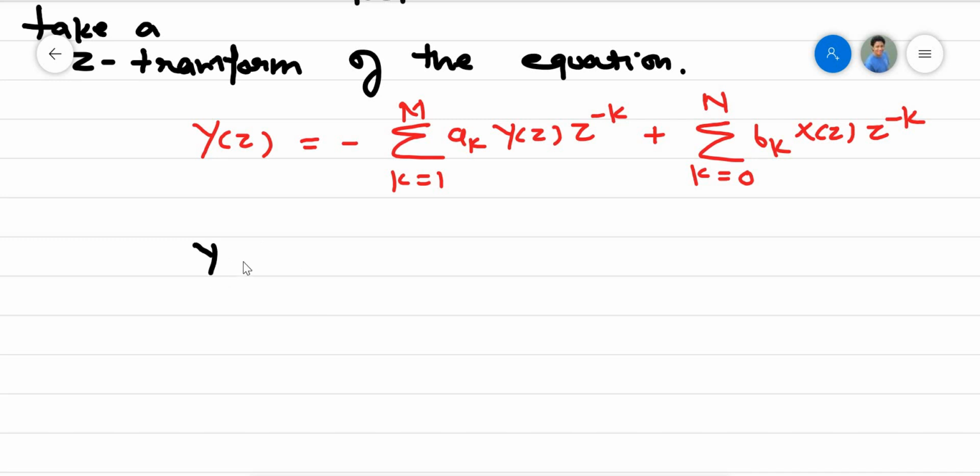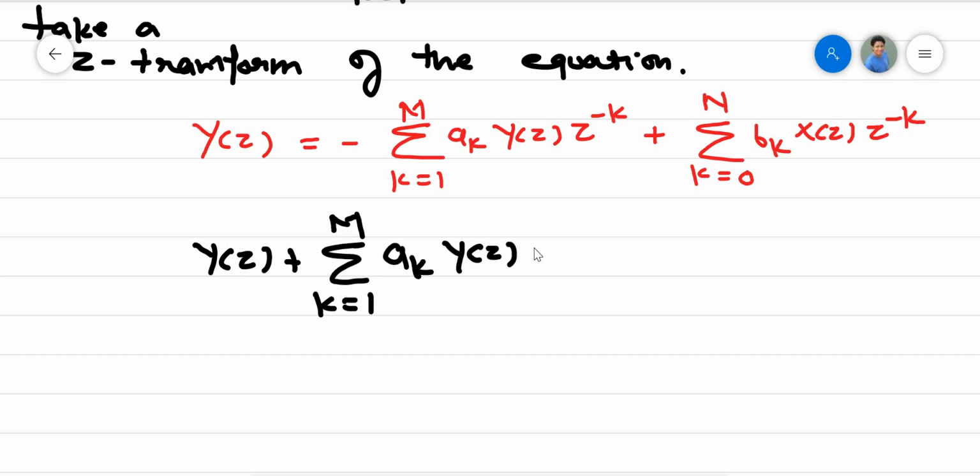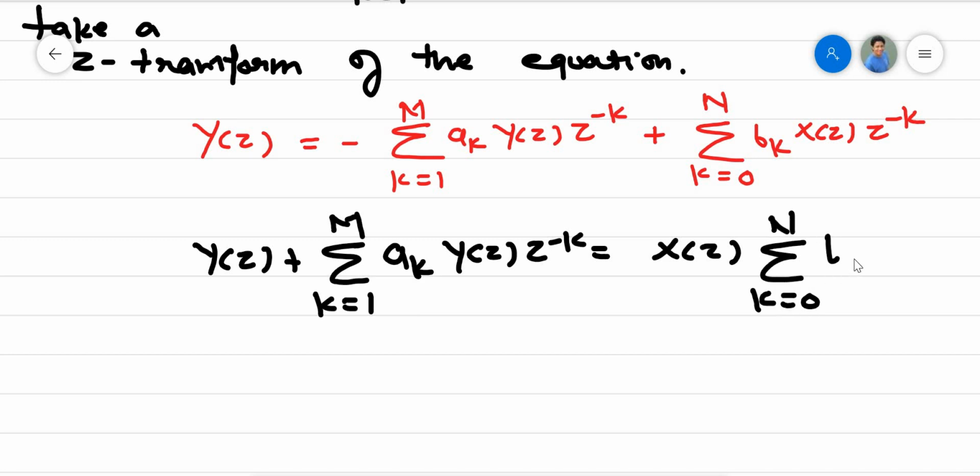Then Y(z) plus summation k equals 1 to M a_k Y(z) z to the power minus k equals X(z) summation k equals 0 to N b_k z to the power minus k.